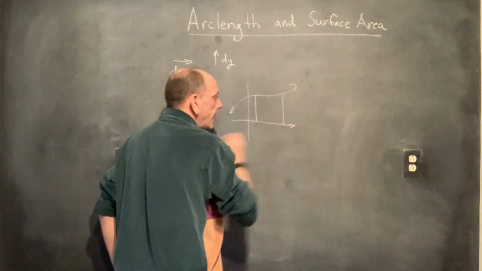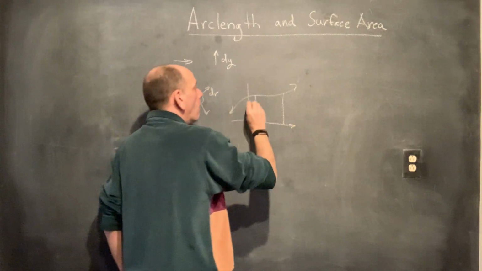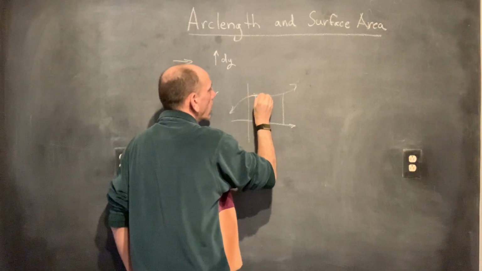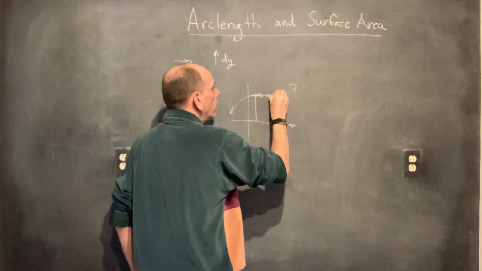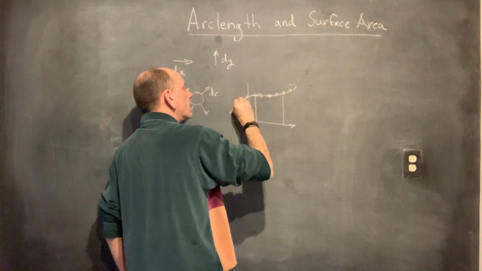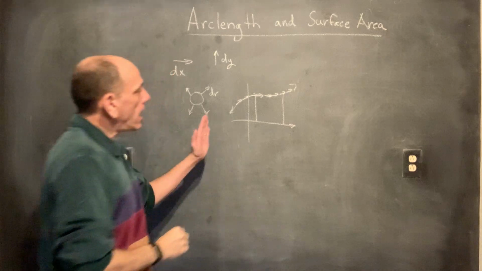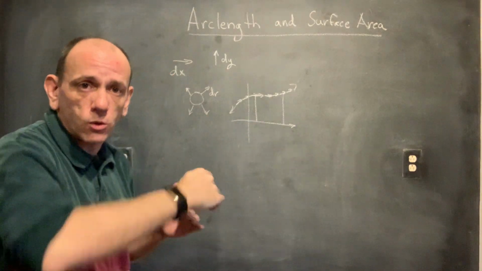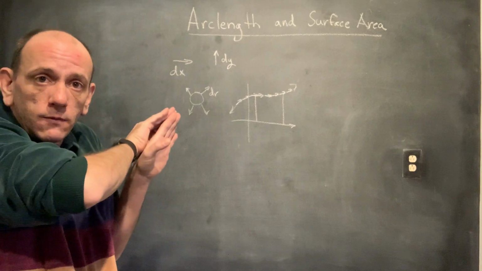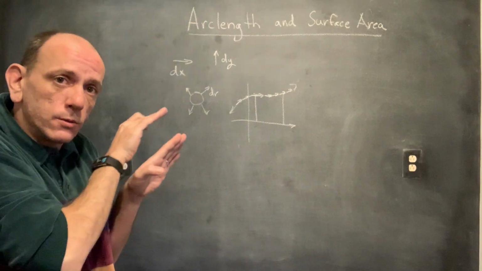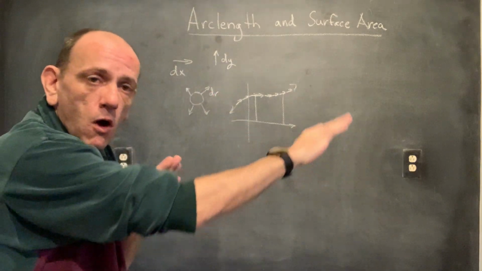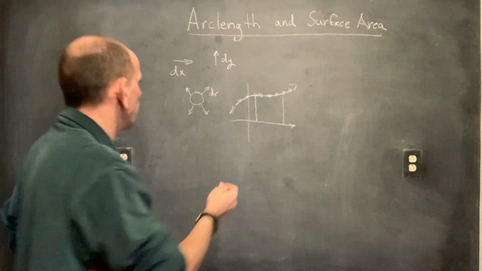Instead of just dx or dy, I want a little arrow, ds, that's going to walk right along with the curve. As I walk left to right dx or bottom to top dy, I want the actual dimension that I'm working in to walk right along with that curve, ds.